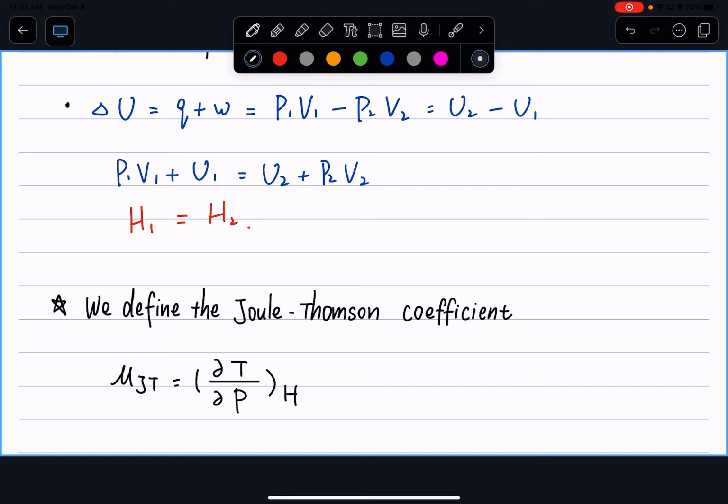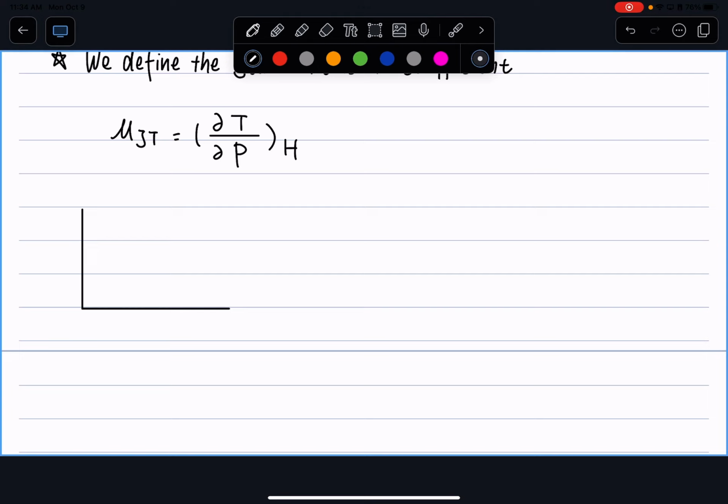So imagine some chemist plotting temperature versus pressure for the Joule-Thomson experiment. Effectively, you have different pressure setups and you measure different temperatures for the process. By doing different measurements, you end up getting a curve, some random curve.